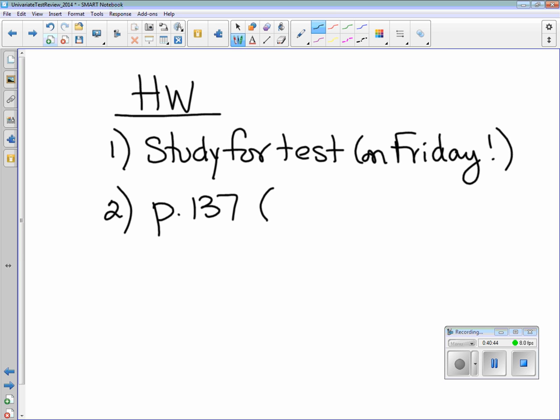Let me not go all the way to 137. Let me start at the review, which is at page 133. Nope. I'm a liar. All right, let's start at 134.